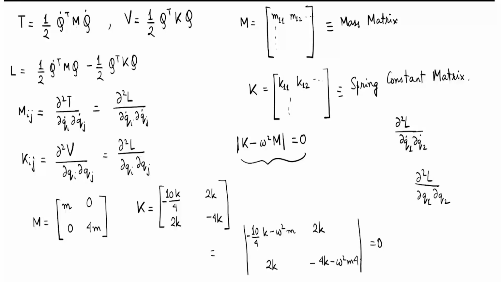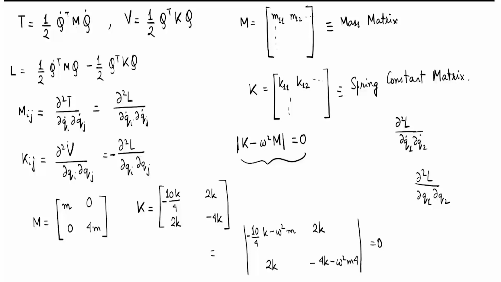This is one mistake. Another mistake is del 2v del qi del qj. This is minus del 2l del qi del qj, because L is T minus V. Here it should be a minus sign.